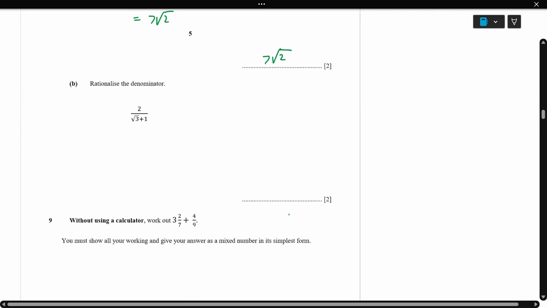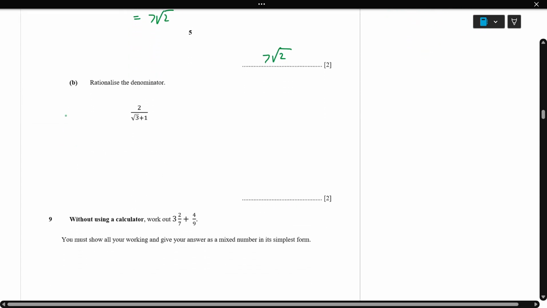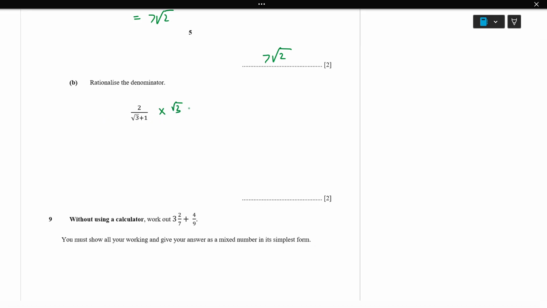Next, rationalize the denominator. Here there's a plus, so we'll multiply by root 3 minus 1 over root 3 minus 1. The numerator is going to be 2 into root 3 minus 1. The denominator I'll do separately: root 3 plus 1 and root 3 minus 1.